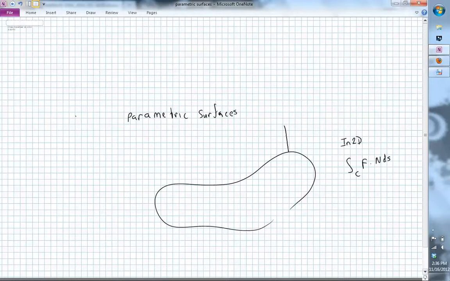So what that is, you've got these normal vectors to the region all the way around, and this region is in the presence of some kind of vector field. There are vectors everywhere, say. But what we're really interested in is the dot product of these force vectors with the normal vectors all the way around.